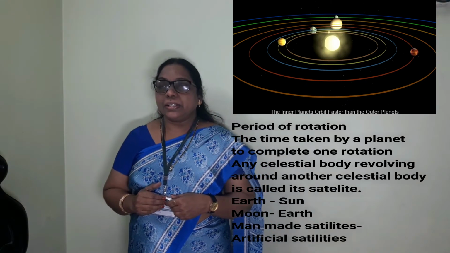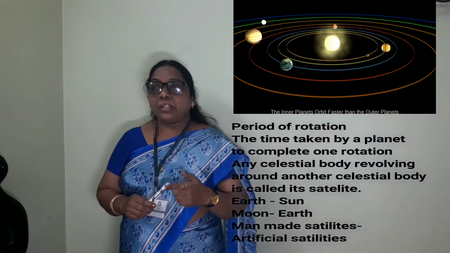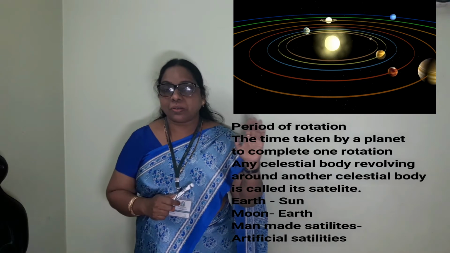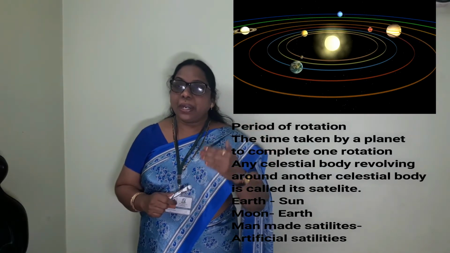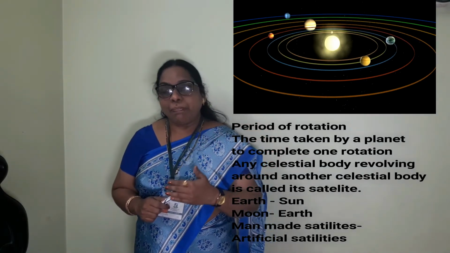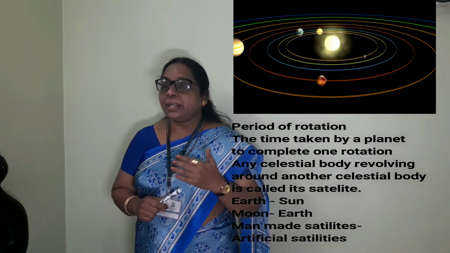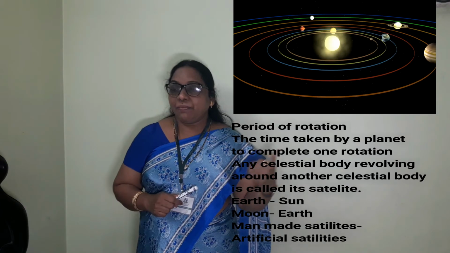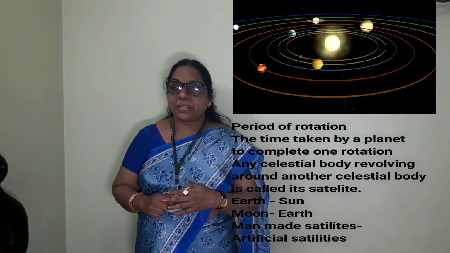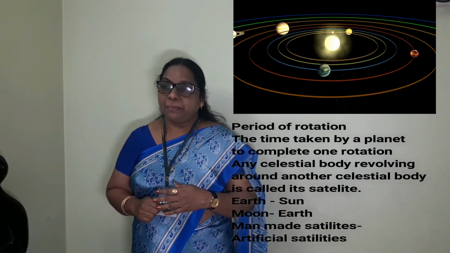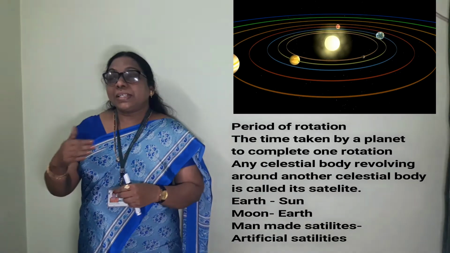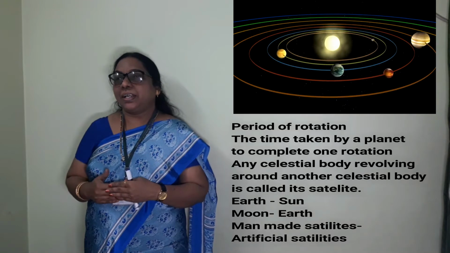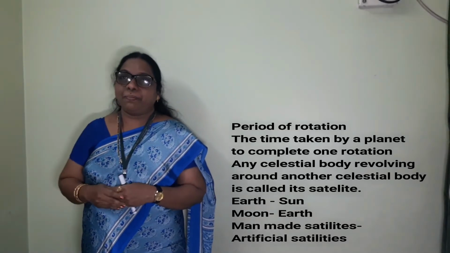Okay children? Yes. So here we discussed two topics: first we studied what the solar system is and how many planets are there, and next we discussed the sun and the planets. Some planets are known to have moons or satellites revolving around them.